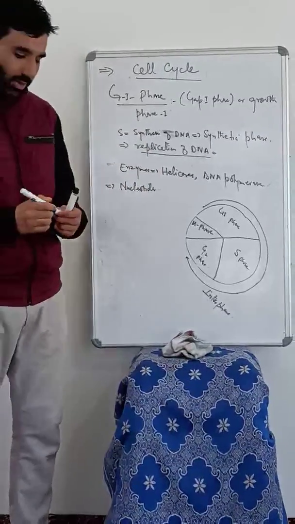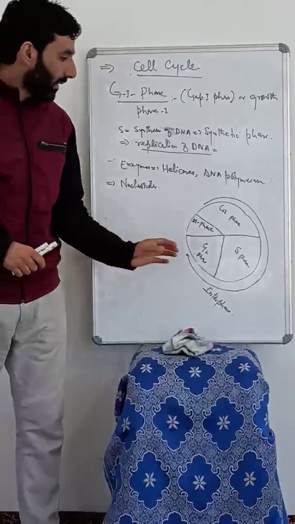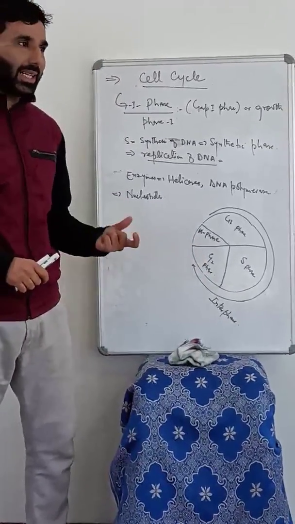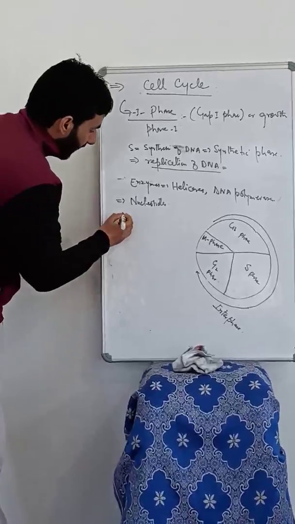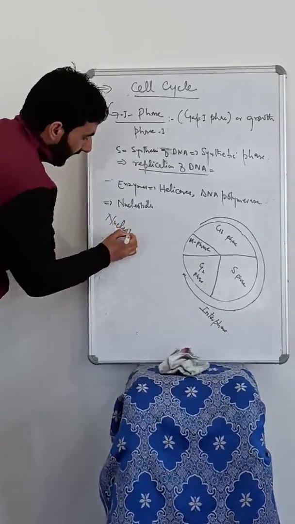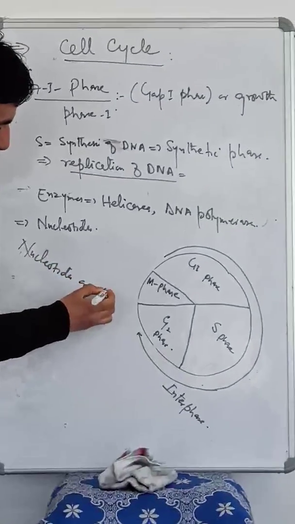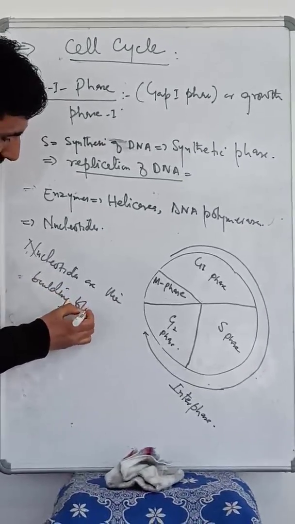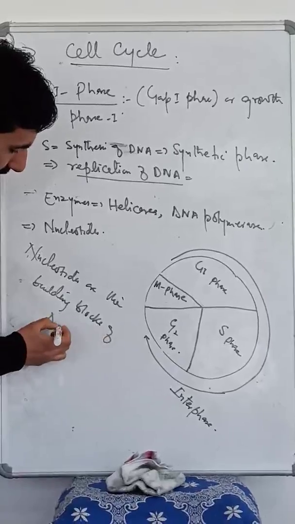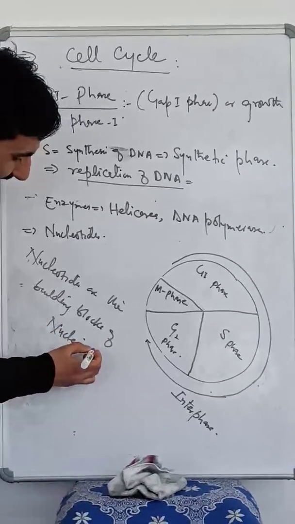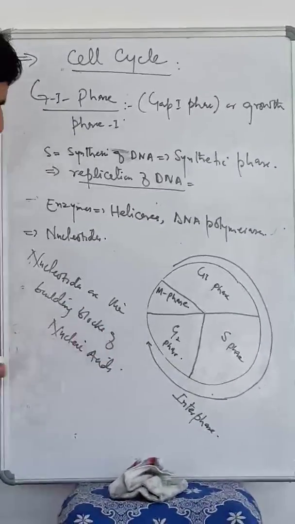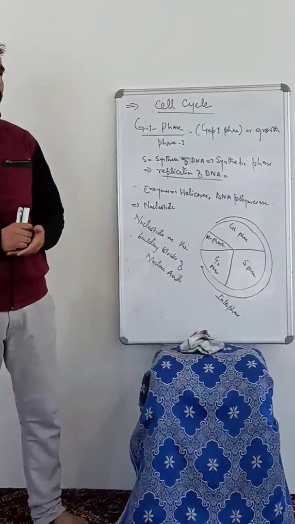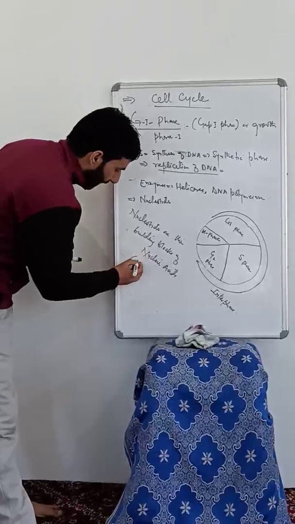हमें न्यूक्लियोटाइड्स की जरूरत पड़ेगी because you know that nucleotides are the building blocks of the nucleic acids. जो न्यूक्लियोटाइड्स होते हैं, nucleotides are the building blocks of nucleic acids. तो जो न्यूक्लियोटाइड्स होते हैं, ये डीएनए न्यूक्लिक एसिड्स में आते हैं, डीएनए एंड आरएनए.